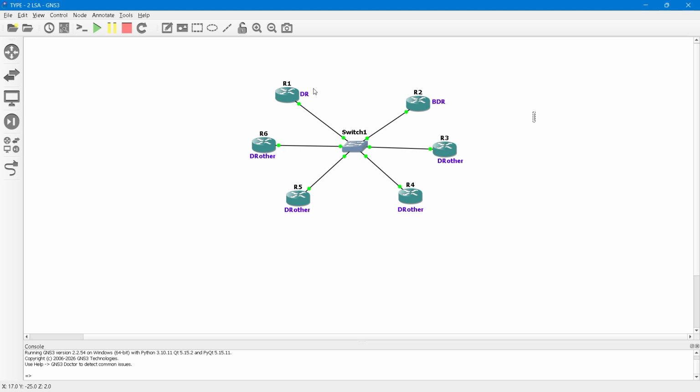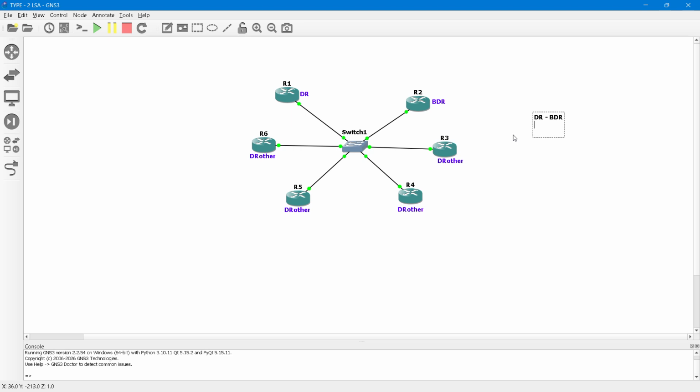As you can see in this topology, we have this designated router. We have assigned R1 as DR, and then we have the backup designated router on router 2, and all other routers are acting as DR others. So to summarize what we have learned, the DR will make adjacency with the BDR.